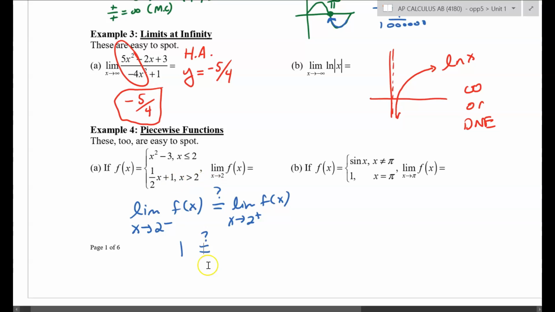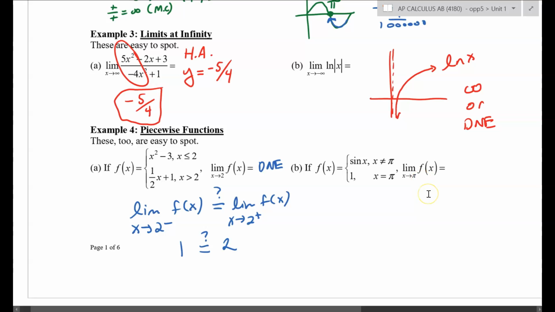We plug in 2: half of 2 is 1, plus 1 is 2. So what do I know about the limit at 2? It does not exist, because the limit from the left and the limit from the right did not meet. Not at the same spot.